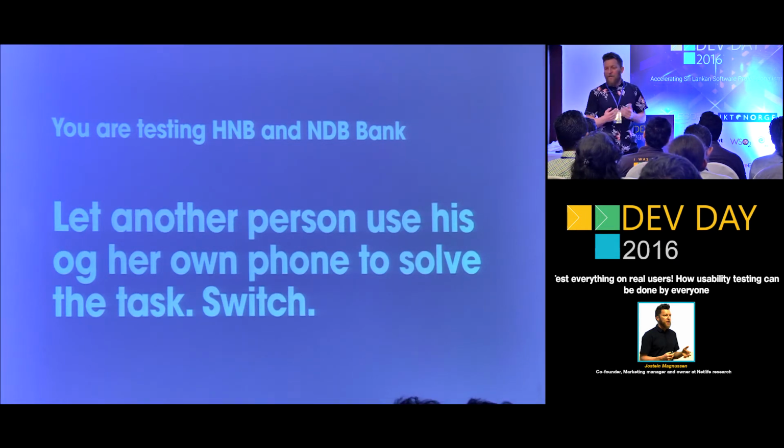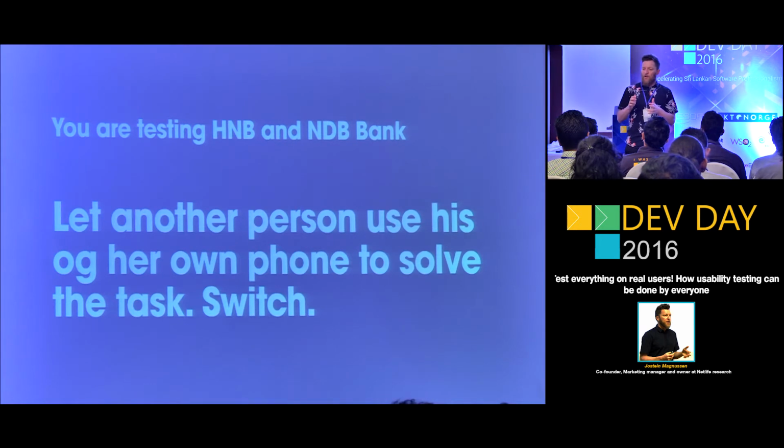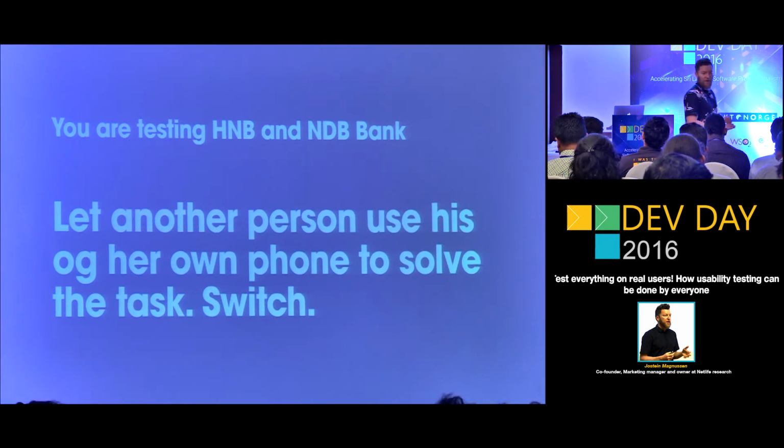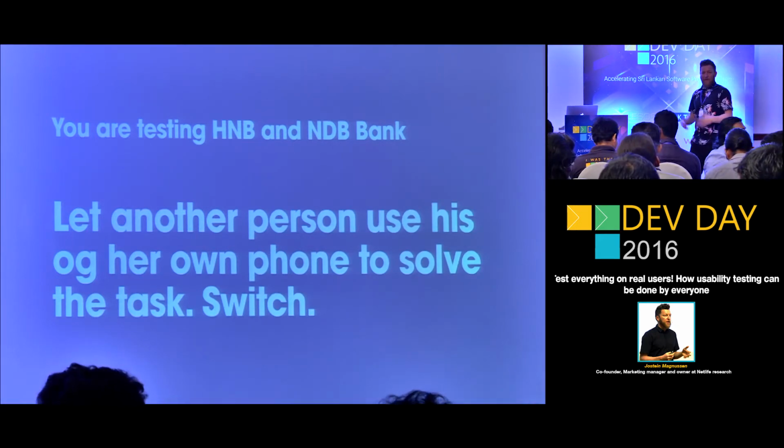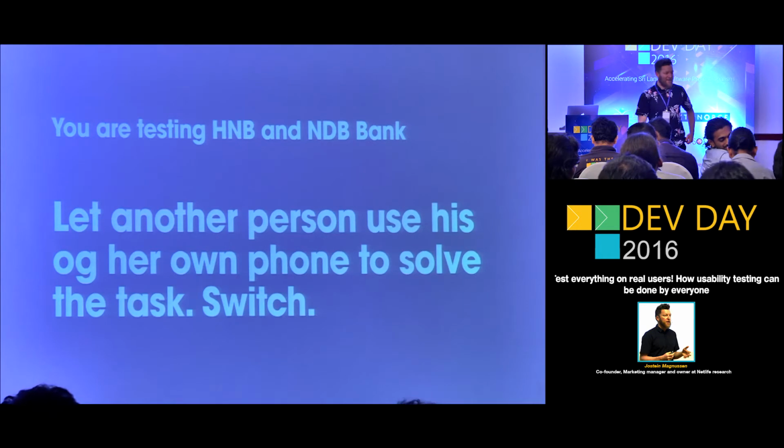And then the people would start at Google or something, but that is kind of interesting too, to see what's the journey into the HNB website. So let us start with HNB and give the task to your neighbor and just note down the problems you see when he or she solves the task, okay? We do this for 5 minutes.